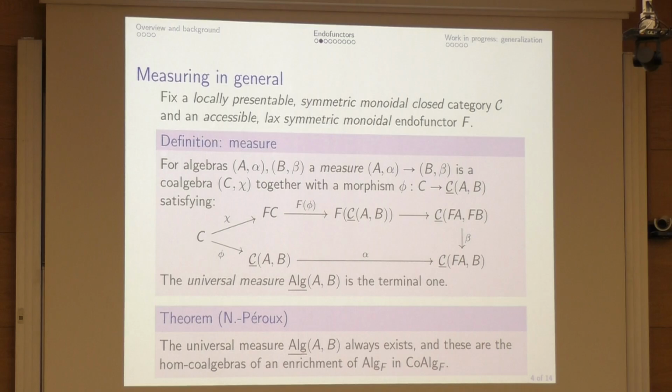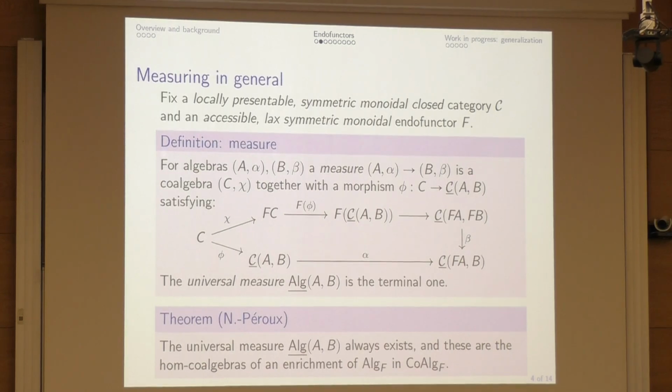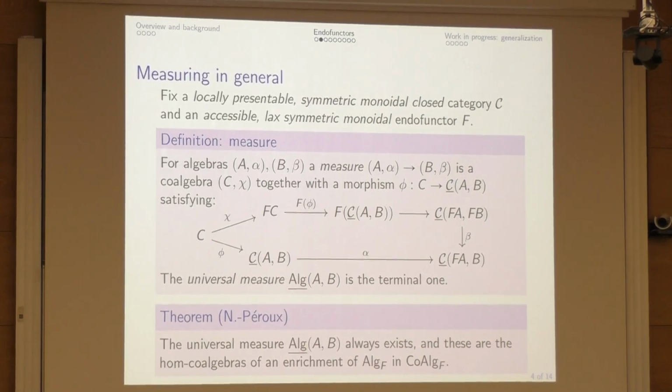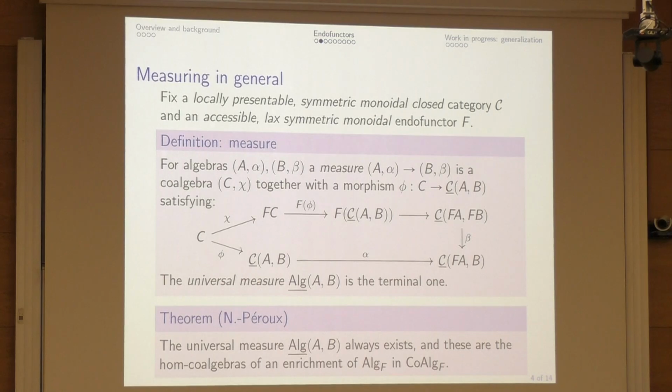So you've got going up by chi, along by f phi, and down by beta, the same as going across by phi. I couldn't see how to substitute a trivial a to do that, but it seems it ought to be the case. Yeah, I also don't see right now how to do that. But you're right that it does bear some similarity, so maybe it's interesting to think about. Yeah, thanks.